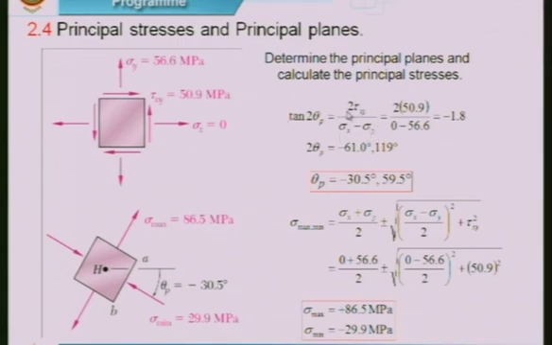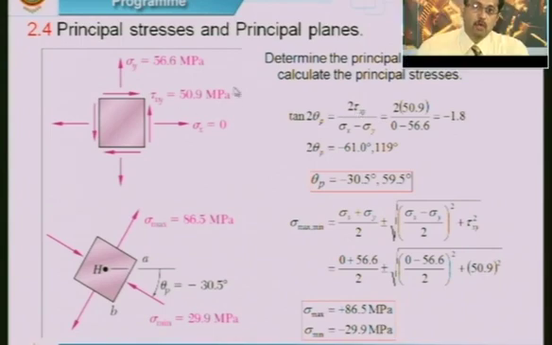Here tau xy is equal to 50.9 and it is positive, we have substituted the same here, whereas sigma x is 0, so 0 is substituted. Sigma y is positive because it is tensile, so we have substituted the same thing, 56.6. So we get this as minus 1.8.